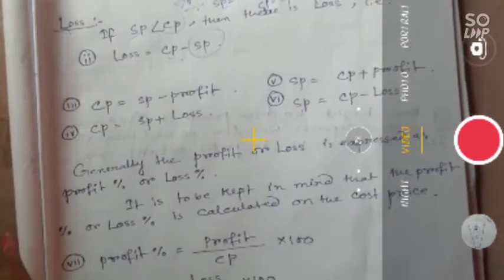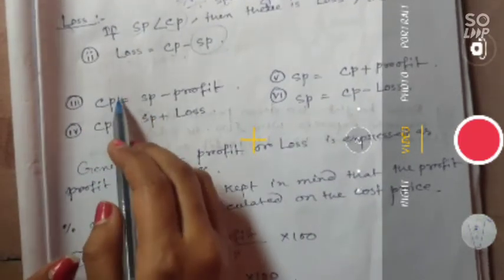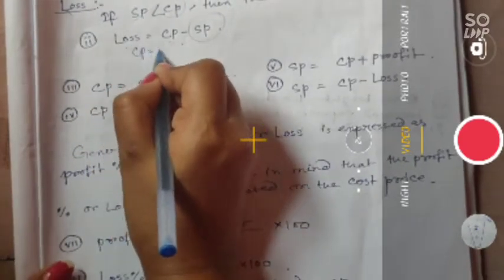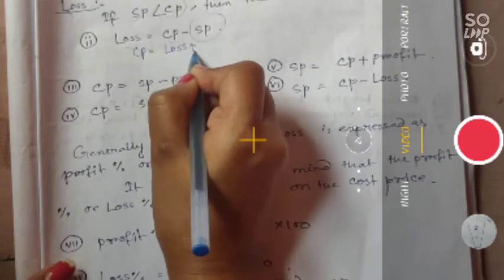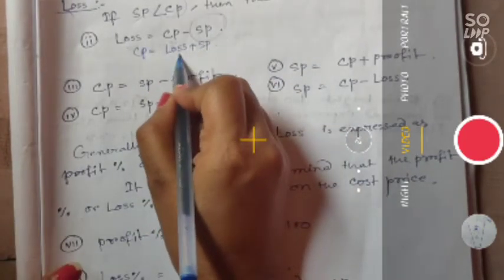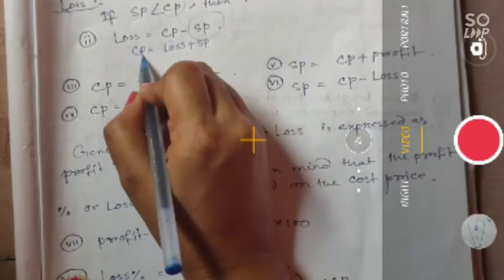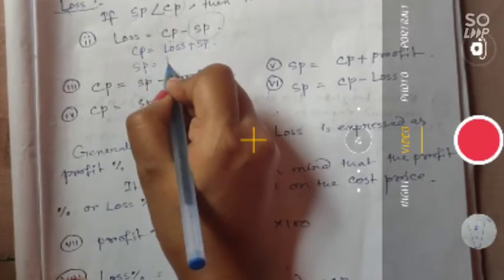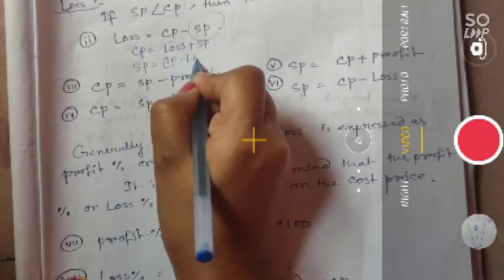Okay. So in this case, you will get some formula, that is CP equal to loss plus SP. If you add SP with loss amount, you can get the CP, and SP equal to CP minus loss.